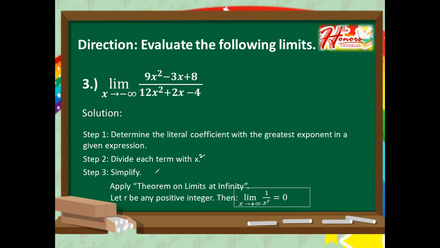Next, we have to simplify. Let us just apply the theorem that we have, this one. Oh, by the way, this is a negative infinity, so therefore this part, positive infinity, will change. But the theorem is still the same.